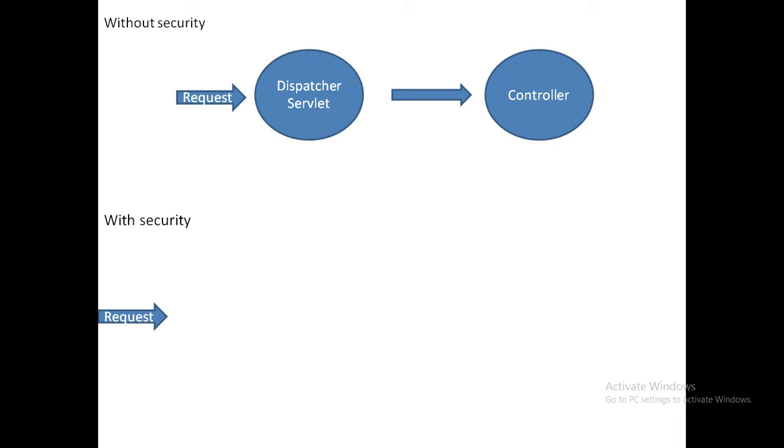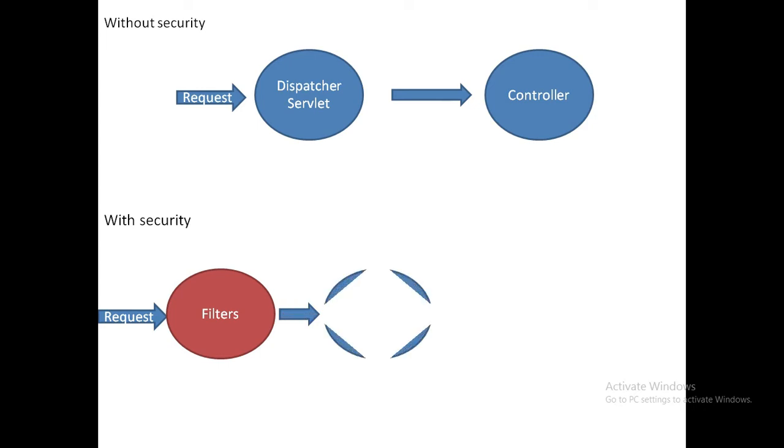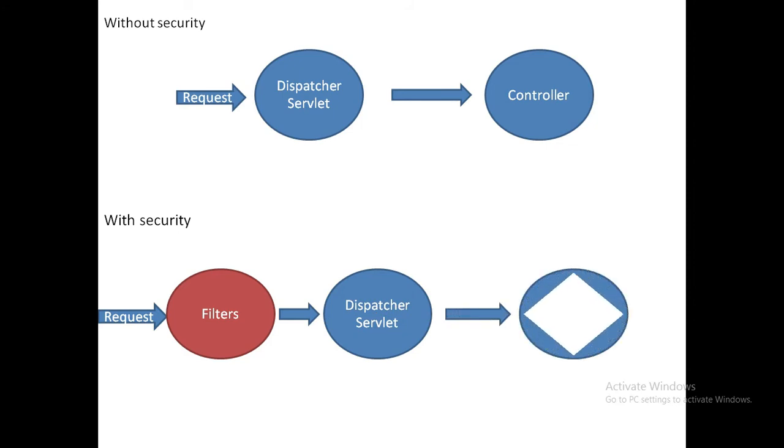That is done by the filters. So the request will come to the filter first, and from the filters it will go to the dispatcher servlet, and from the dispatcher servlet it will go to the controller, right? And from the controller the particular method will get executed and we will get the response.